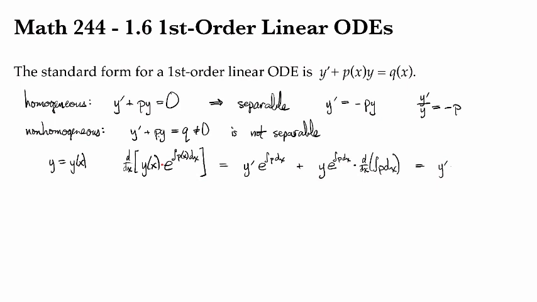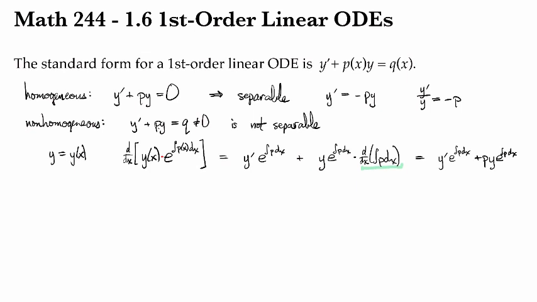So I've still got my y prime e to the integral of p, and then y times this expression right here. Well, the derivative of an integral is just the integrand. So it's going to be py e to the integral p dx.